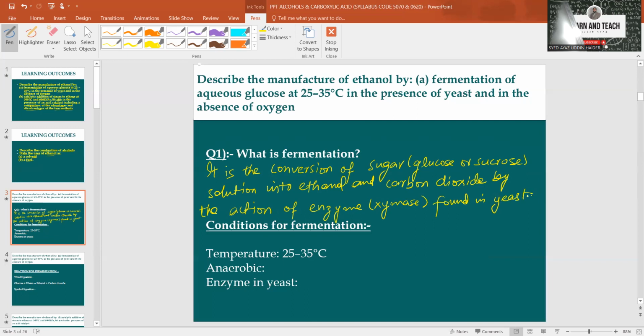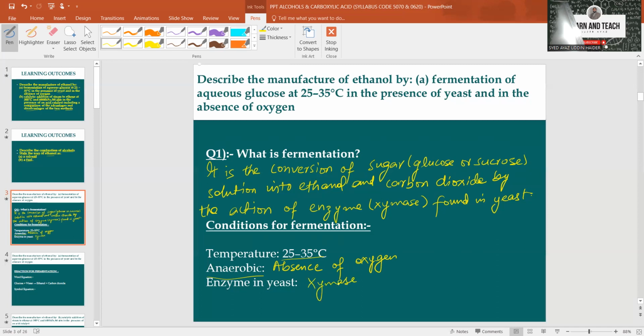Now this works best in the absence of air, which is anaerobic. Anaerobic means absence of oxygen. The other condition is the temperature, that is 25 to 35 degrees centigrade. And I've already mentioned that zymase is also involved.